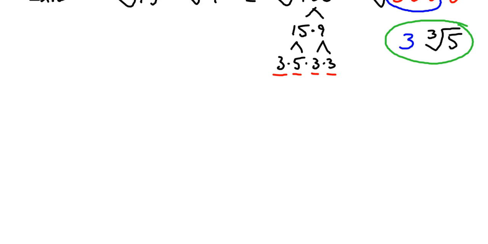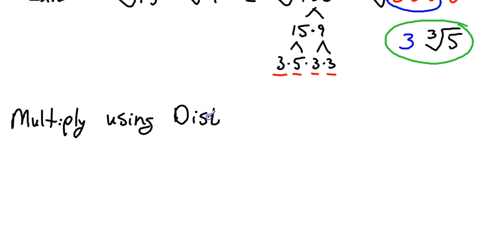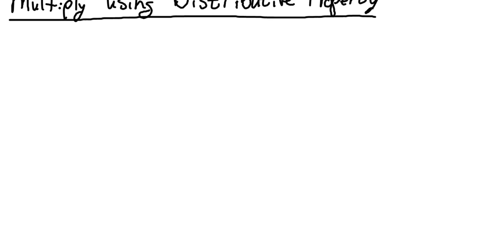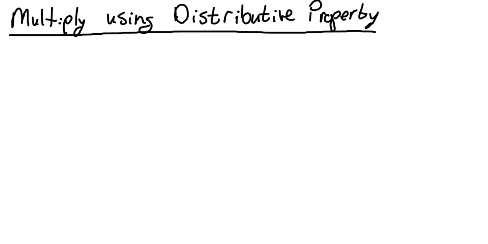This is where they get back to more of the multiplying part here. And this goes back to the first part that we were doing, that when you're doing the distributive property, they're going to tell you to multiply using distributive property.